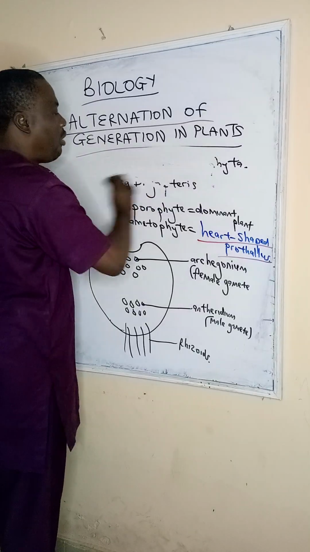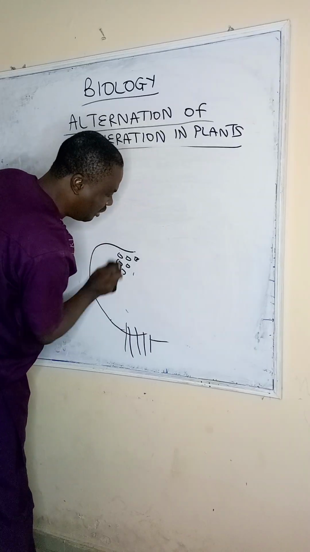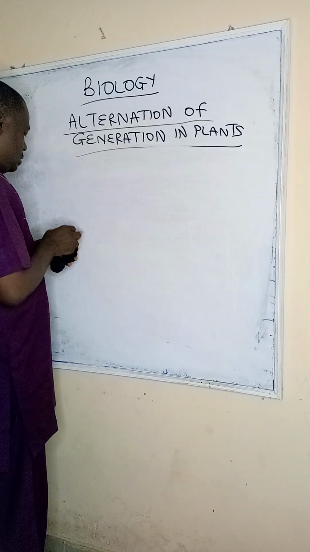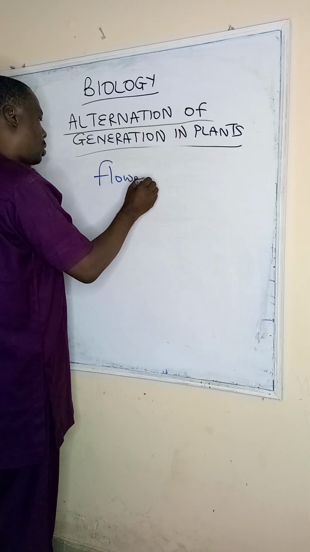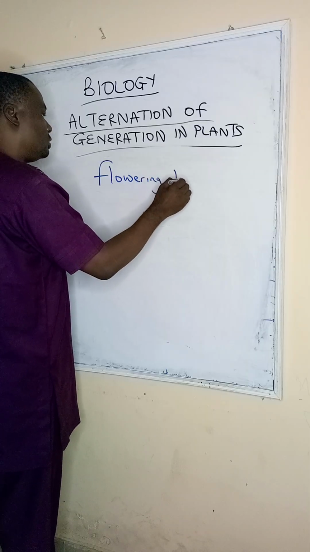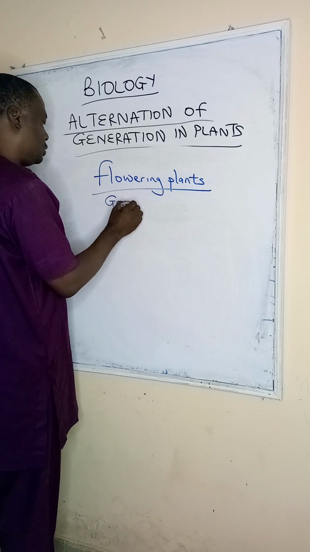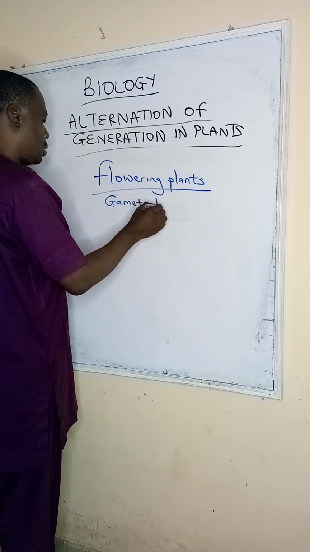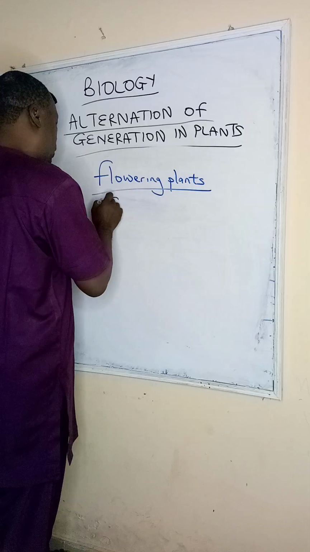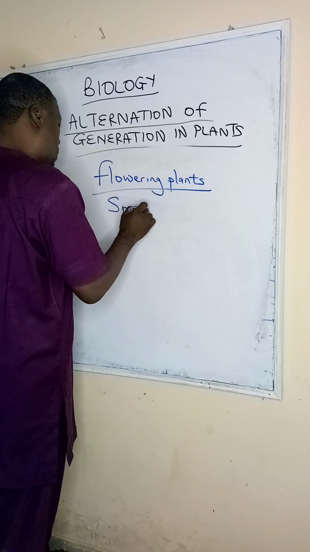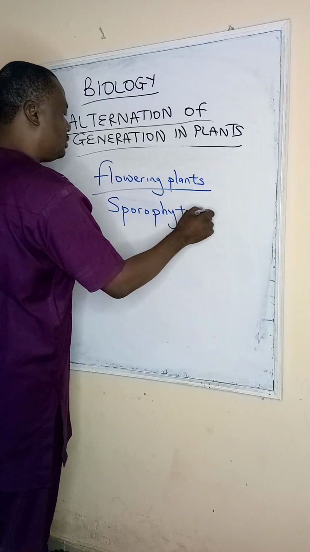Now if you look at flowering plants, in flowering plants the sporophyte is the dominant plant.